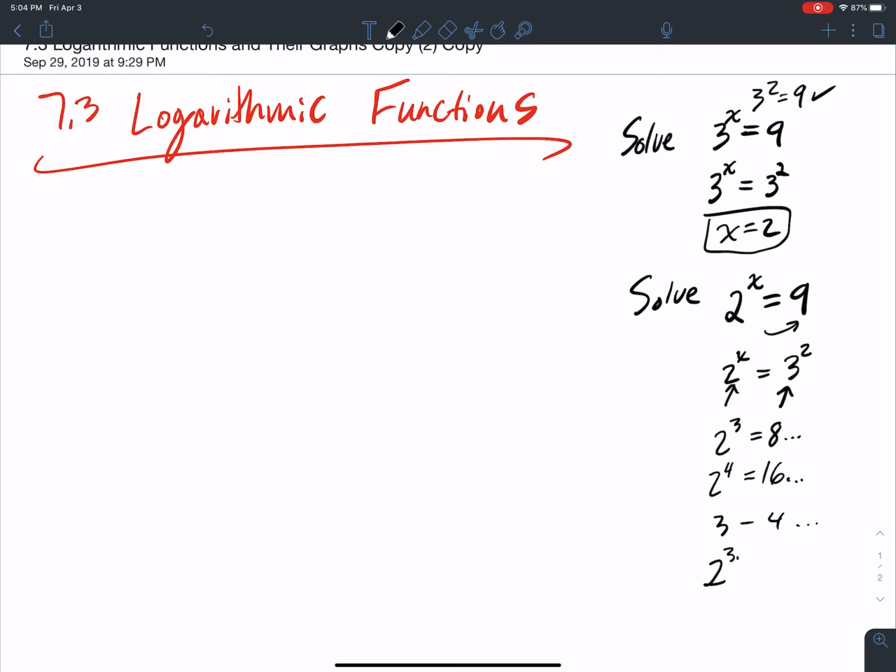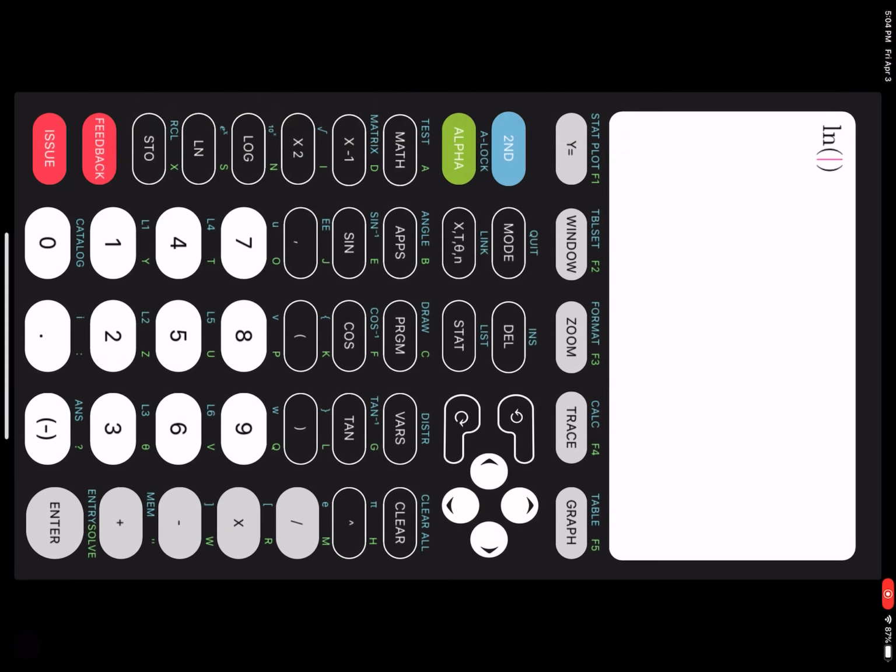2 to the 3.1, what is that equal to? That's 8.57. Maybe 2 raised to the 3.3? That's a little too big. 2 raised to the 3.2. Now we're getting closer to 9.